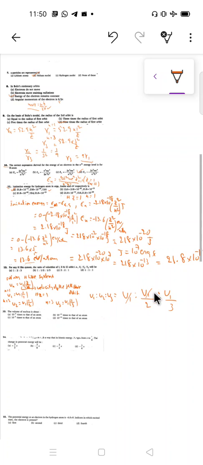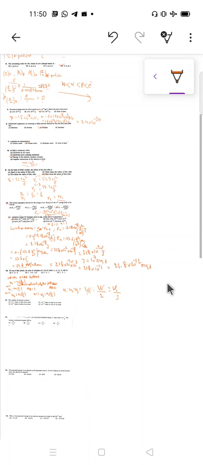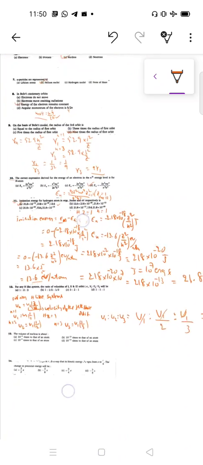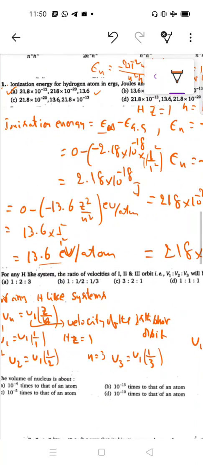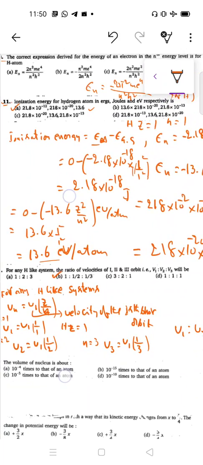On cancelling V1, you can get 1 is to 1 by 2 is to 1 by 3. So this is the answer. Let us see where the answer is here. The answer is this one, 1 is to 1 by 2 is to 1 by 3. So the answer is B.